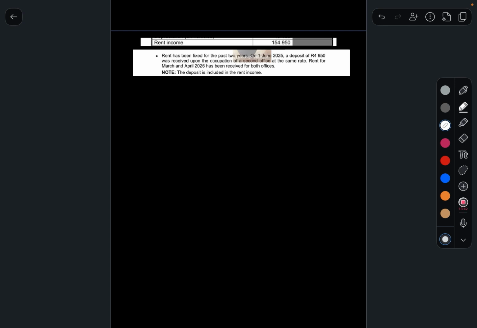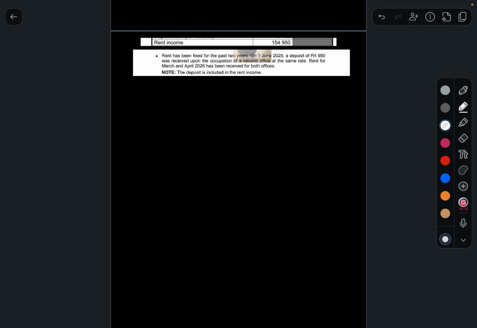However, this money that was received in June was a deposit. They're hinting to us that they paid a deposit for this second office. And they're telling us that the second office is the same rate as the first office, right? So we're receiving the same income for it. It's just that we received an additional deposit, which is 4,950, right?